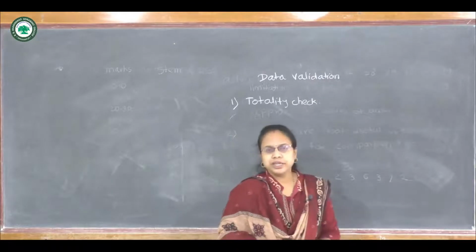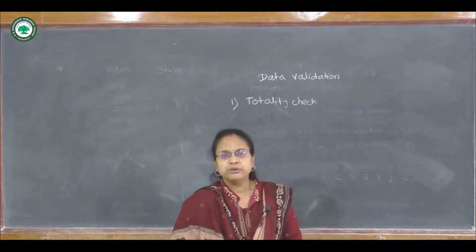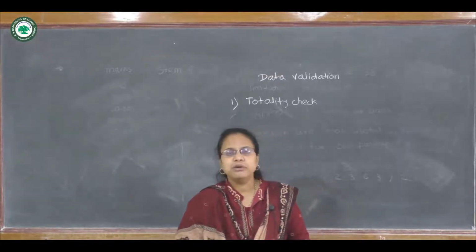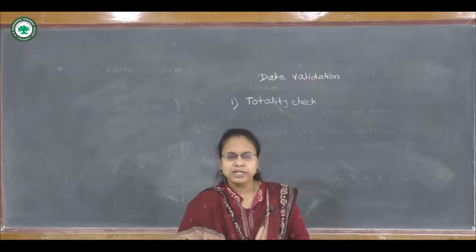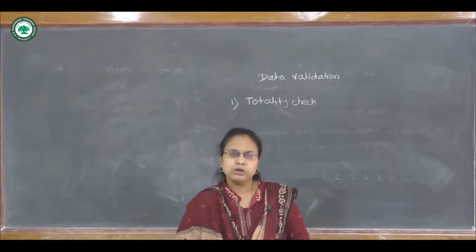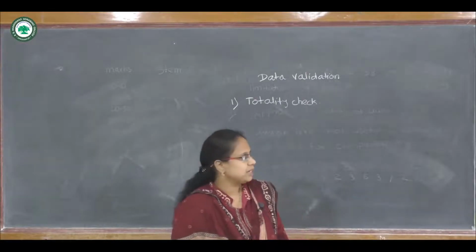Suppose we are given that there are 100 observations and we have to do further analysis or calculations of the data, then we first have to check the totality, meaning whether the given observations are exactly 100 or not, and if necessary we have to apply a correction factor for that data.